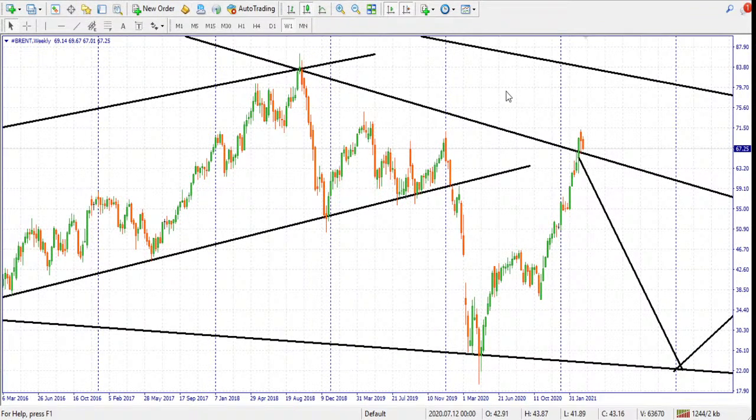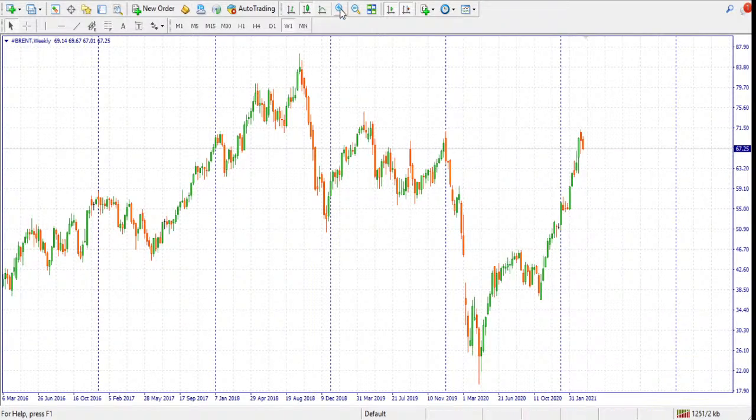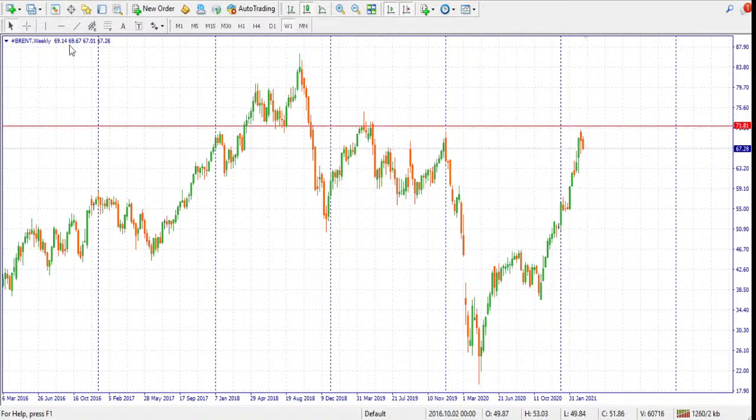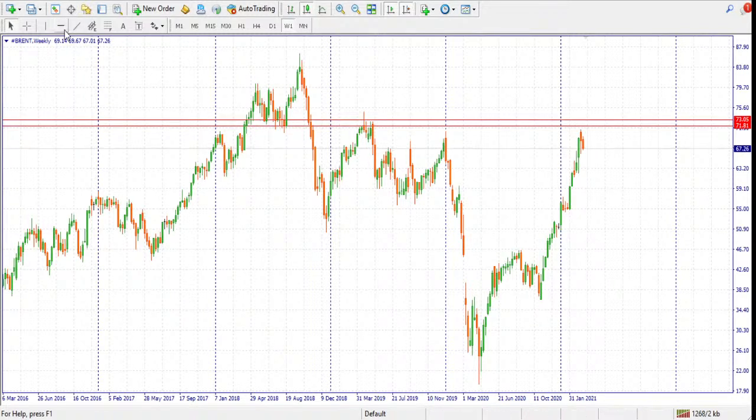So we'll delete these lines temporarily so that we clean up our chart, because the same levels we have on the monthly may not be the same levels that are there on the weekly chart. So this is how it looks on the weekly. First we have a horizontal level here, at this price. And then we have this.